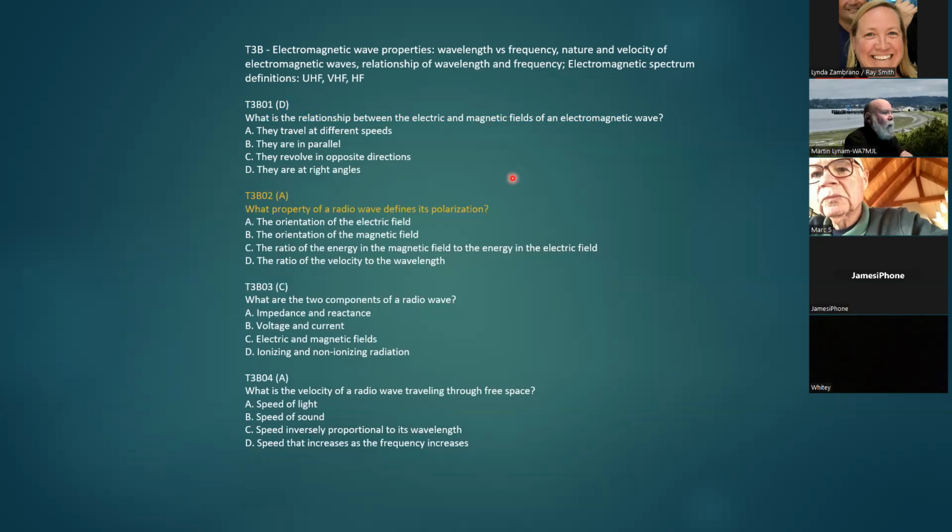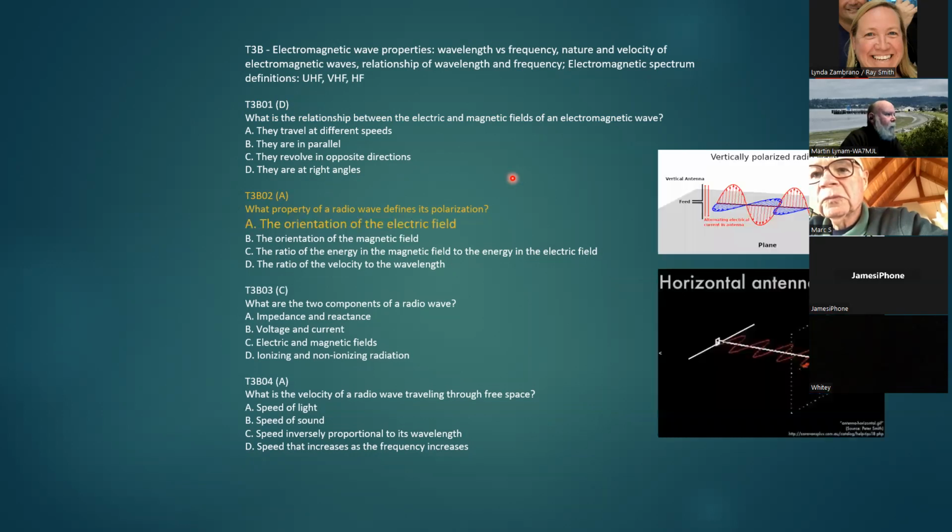Now here's a key one. B02. What property of radio waves defines its polarization? And the answer is the orientation of the electric field. In the graphic, you have a vertically polarized antenna.